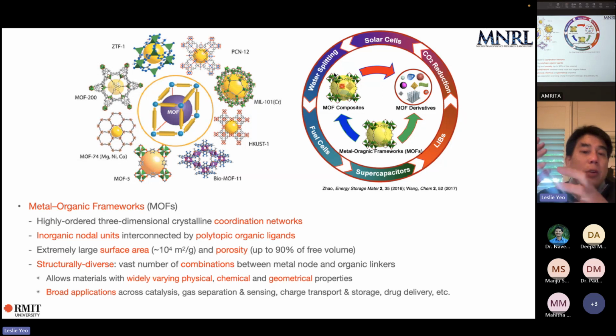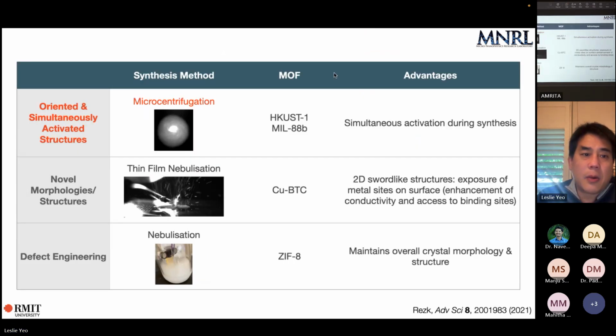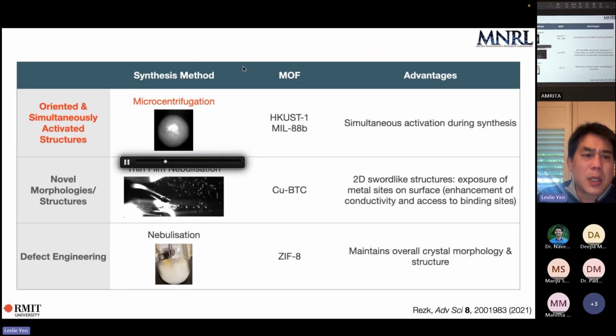And they're also very structurally diverse. You can combine different metals and different organic ligands and build up a whole library of combinations of different materials for different applications, from catalysis to drug delivery to sensing and gas separation.